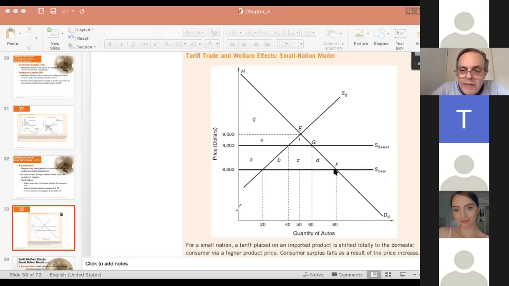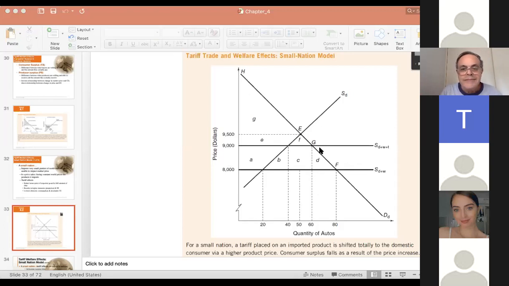So you can see consumers were willing to pay a little bit higher for each one of those autos that they were initially prevented from consuming, but they were not allowed to do so because of the tariff. So this is known as the consumption effect. It has a negative consumption effect on the consumer. You could have made the consumer better off by giving them the opportunity to consume more, and they are willing even to pay a higher price than the world price.